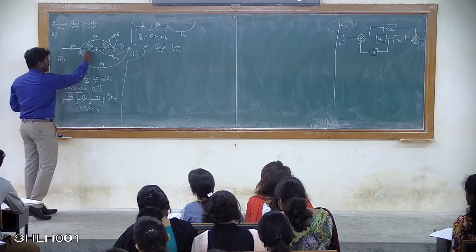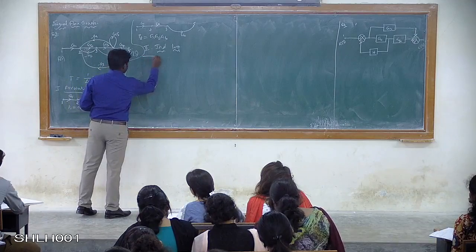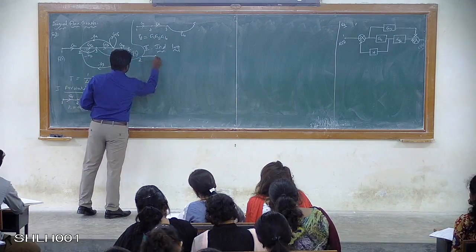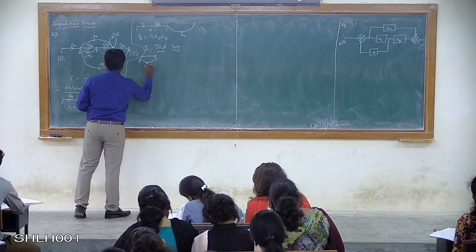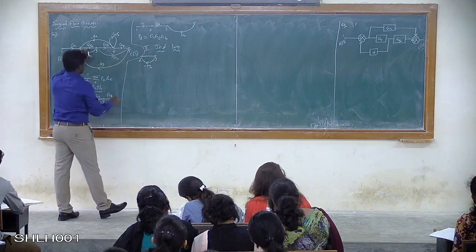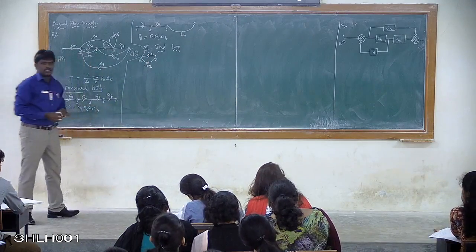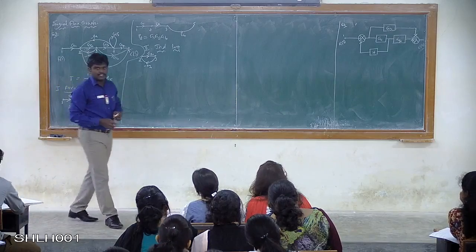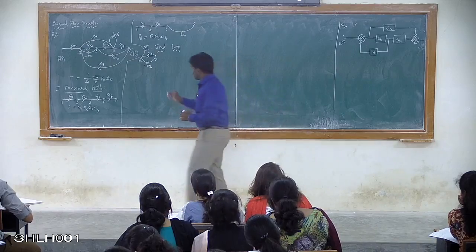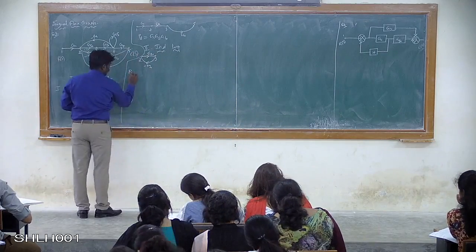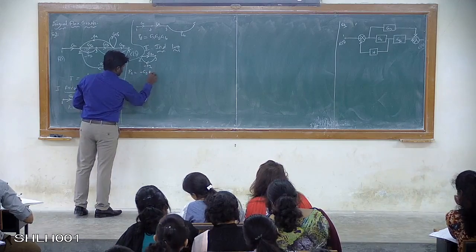So I can take this as one individual loop: 2 to 3, then 3 to 2. There the gain values are G2 and minus H2. As soon as you write down the first individual loop, you write down its gain value. So this is written as P11 is equal to minus G2 into H2.